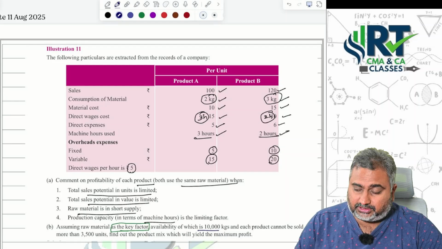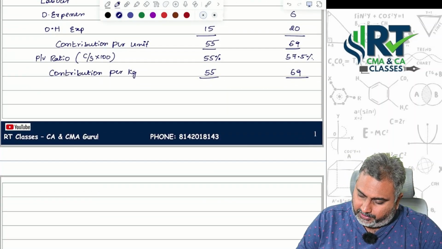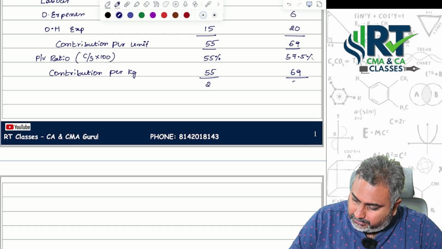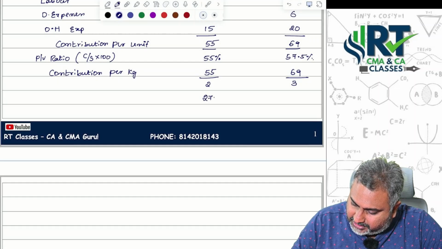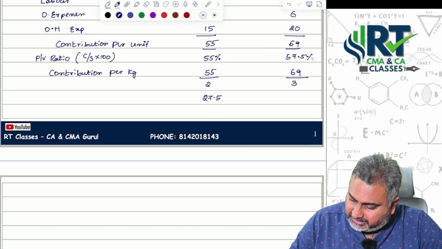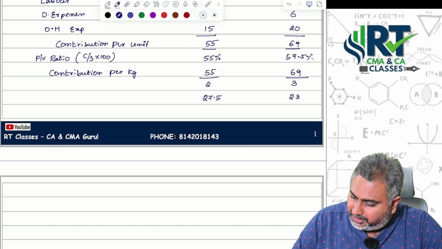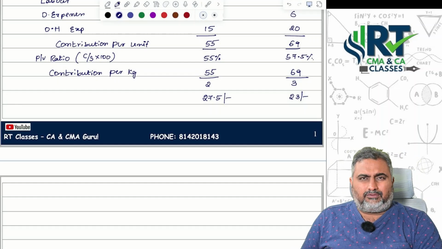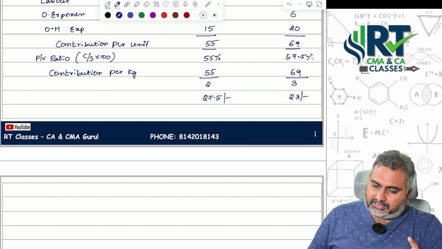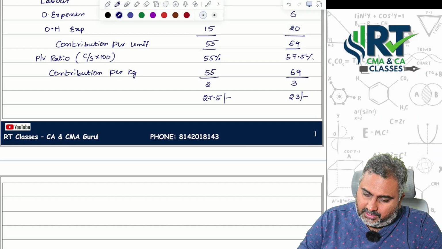B requires 3 kgs of material per unit. So divided by 2, here divided by 3. How much are we getting? 27.5 per kg. Here 23 we are getting per kg. Okay, sir? So once we are ready with this particular statement, let's see step by step.